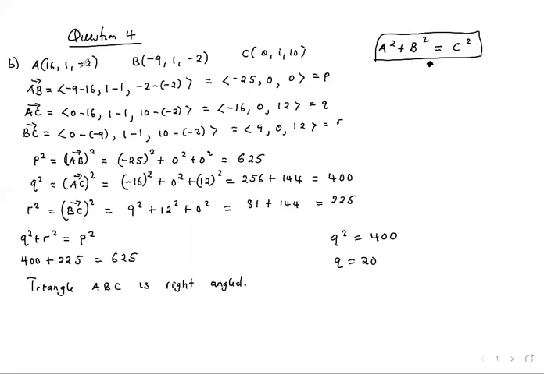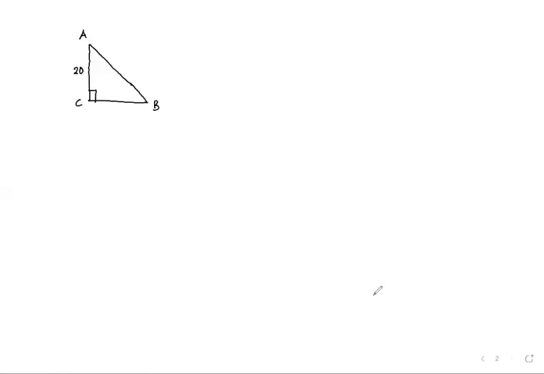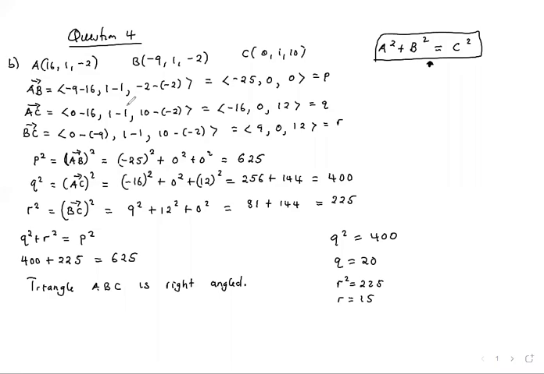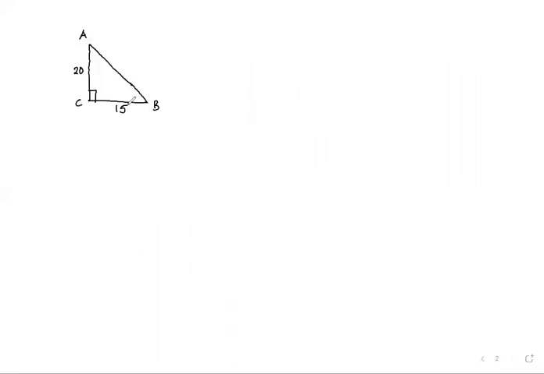What about BC? BC squared is 225. So R should be 15. So this is 15. And then the other one is 625, so it's supposed to be 25. Okay, then what's the question?